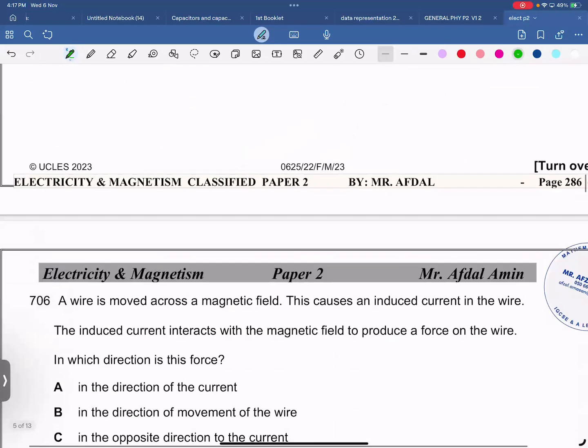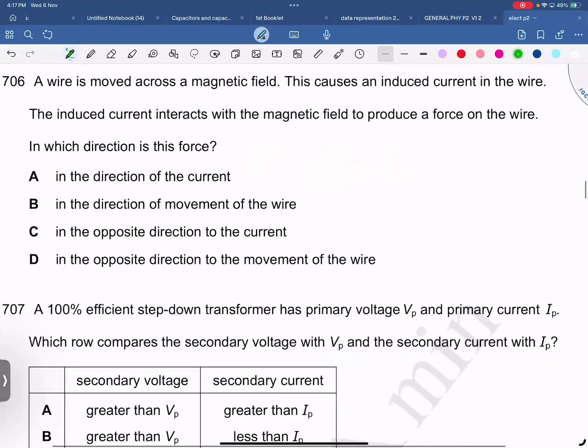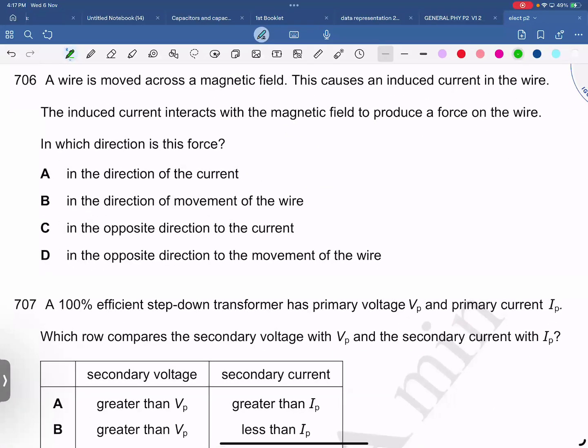Question number 706. A wire is moved across a magnetic field. This causes an induced current in the wire. So again, we need to have induced current. The induced current interacts with the magnetic field to produce a force. There is a law in physics called Lenz's law.